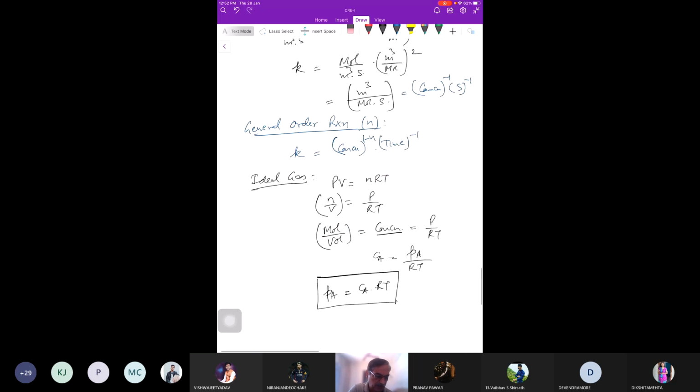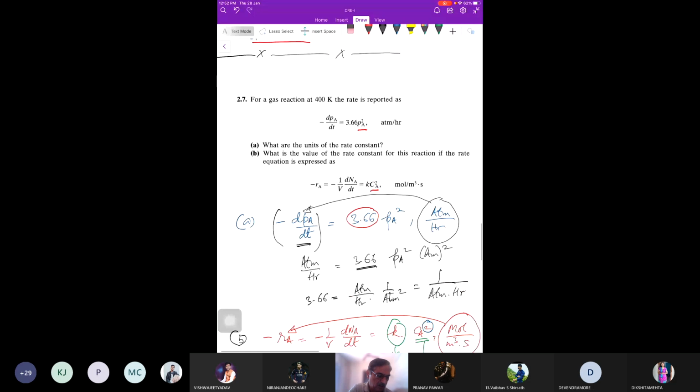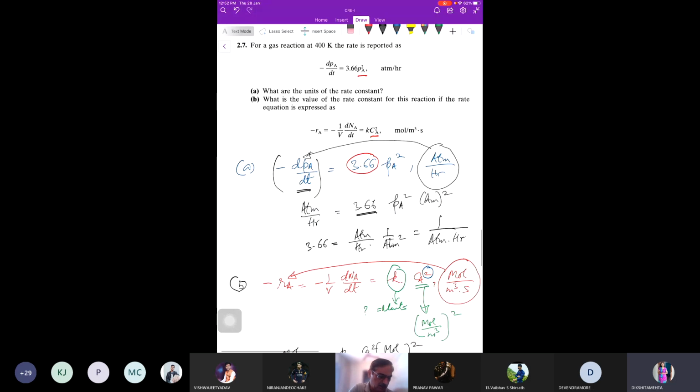So now you can substitute for PA in this equation and calculate what is the value of K. Sir, what is general order reaction? Order anything.